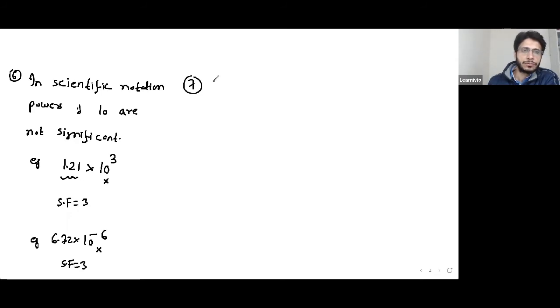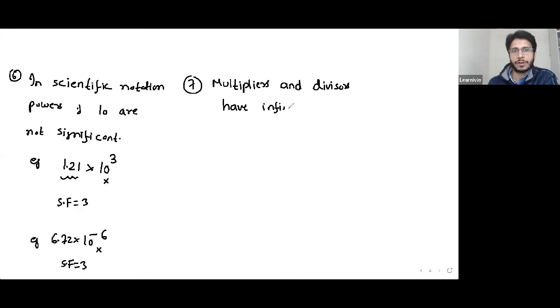So, irrational numbers, multipliers and divisors have an infinite number of significant figures.